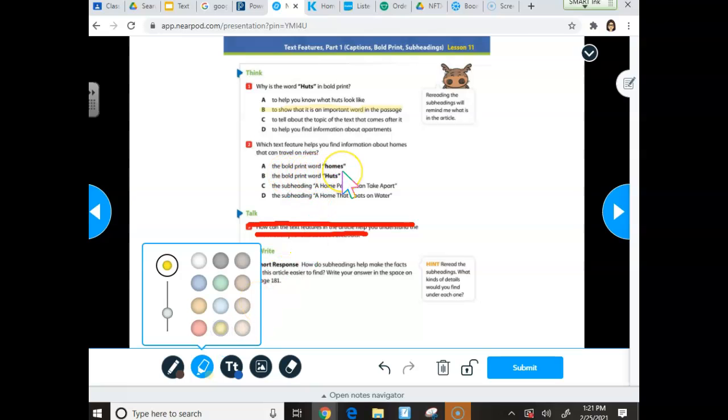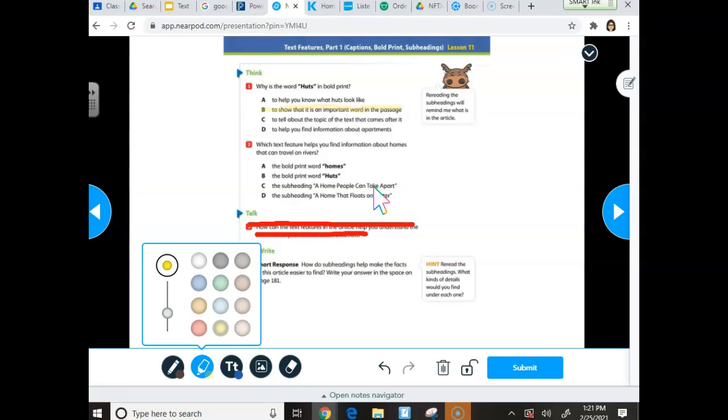All right, homes doesn't give me a clue about a river. Do you think of the river when you think of home? Not really. What about the word huts? Does it make you think about the river? No. All right, what about a home people can take apart?